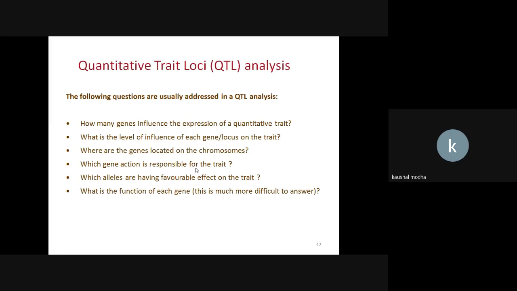The most difficult part to answer is this, the last question. And not only do the proteins directly contribute to the trait, there might be interaction between those proteins. We know that as epistasis or gene interactions. So there the complexity arises. But at some level we can do this also.